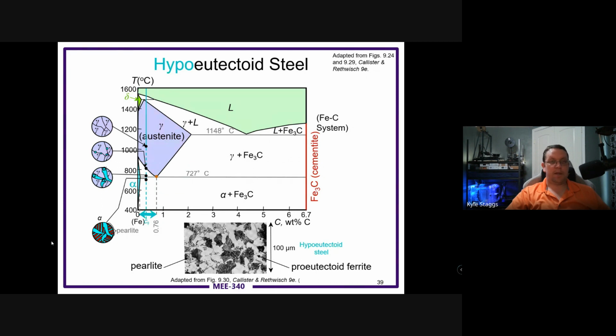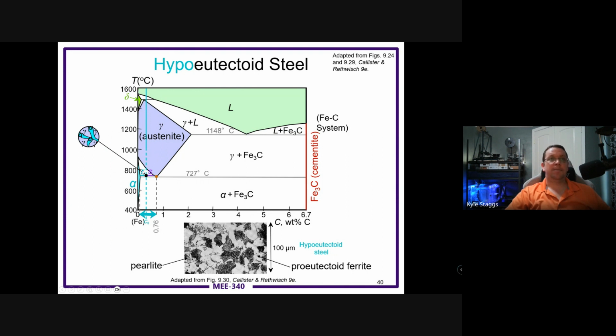There are others where you might need more depth and detail to understand how these ferrite grains interact, but these are referred to as proeutectoid ferrites because they're a result of this pass through that eutectoid temperature. So when you change that just a little bit, you change what the end microstructure looks like.